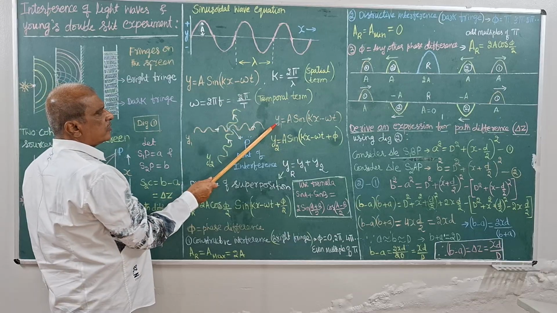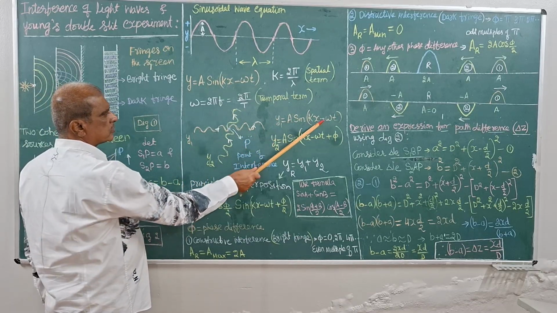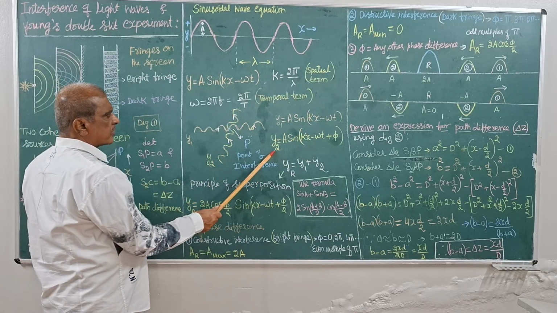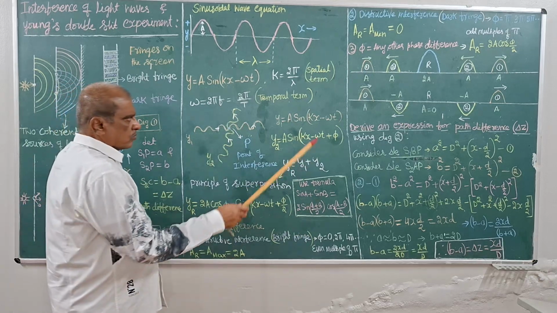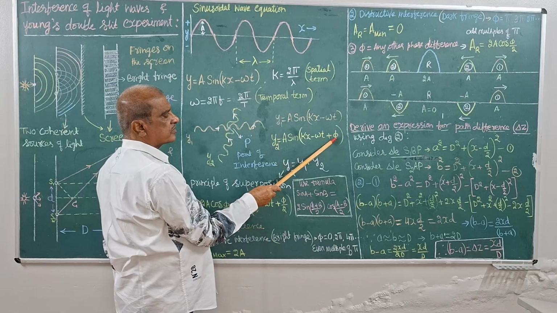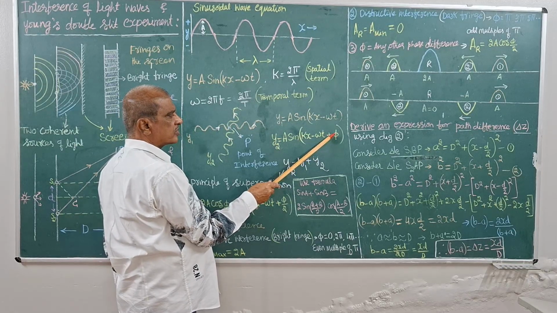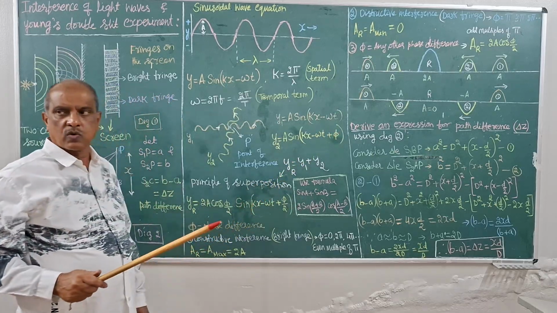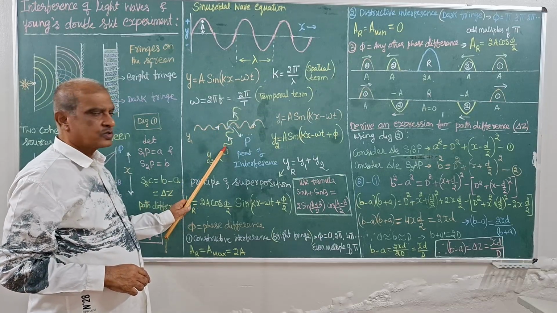Write the wave equation for this wave y1 as this, and the wave equation for this wave as y equals a sine of this. The difference between these is pi. It is called the phase difference. It may be 0 or a constant phase value. If this is a constant value or 0, these two waves are coherent waves.